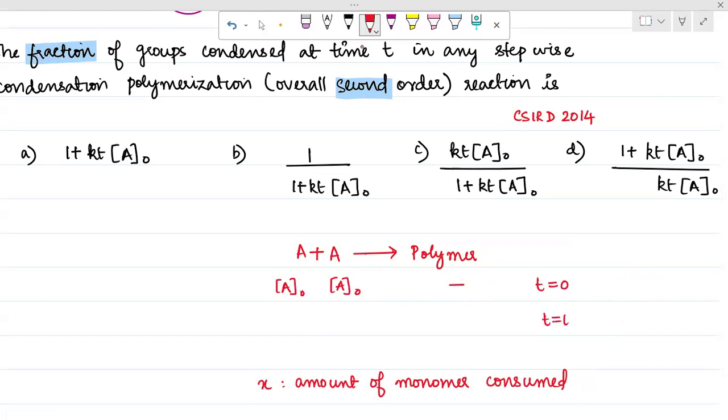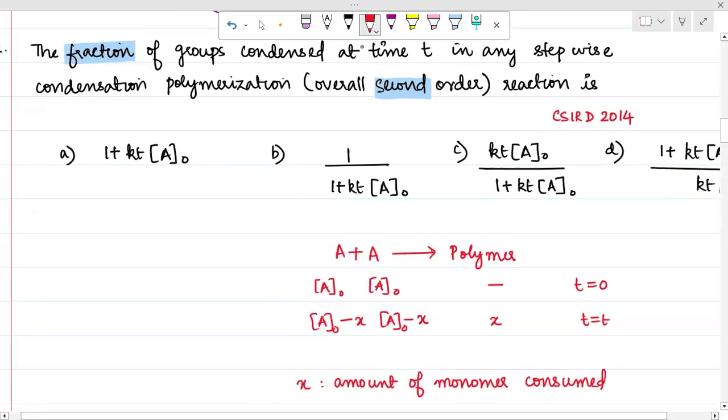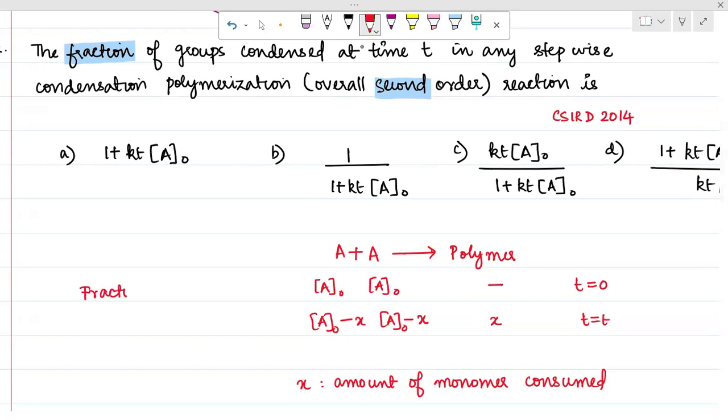Now at any time t, X amount, let's say, is consumed. If X amount is consumed, X amount of the polymer will be formed. Here they have not asked the amount of monomer which is disappearing, but they have asked the fraction.